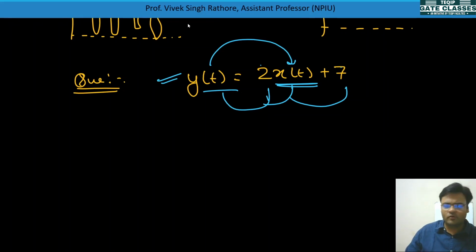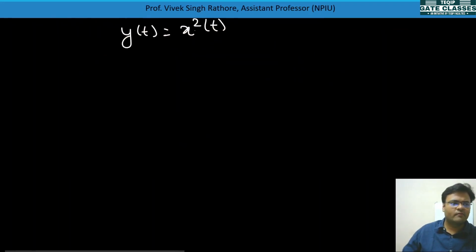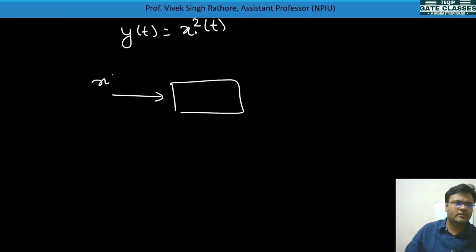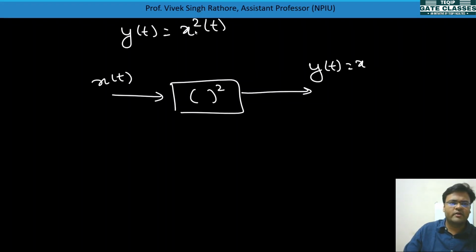Now we'll see some more questions, like yt is equal to, let's suppose, x square t. Now what is happening: you are giving input xt, the system is doing the square, and you are getting output yt equal to x square t. If your xt is bounded, let its value be 5, so 5 square is 25.